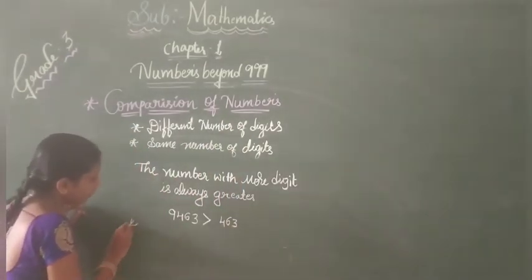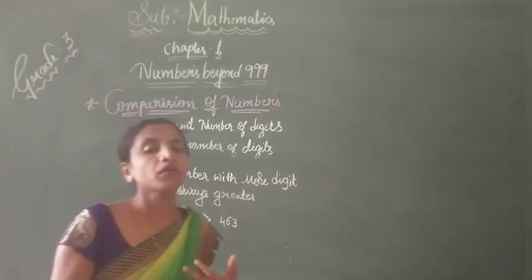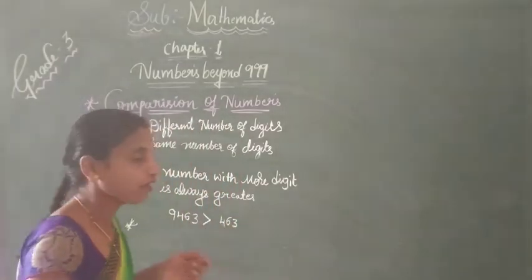Next, another one: same number of digits. If the numbers have the same number of digits, how do you compare?